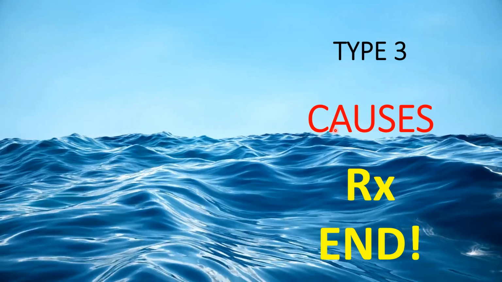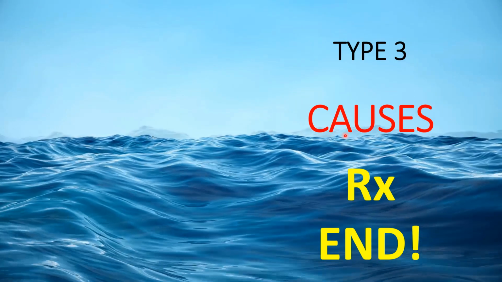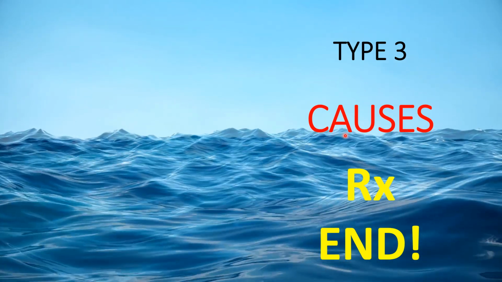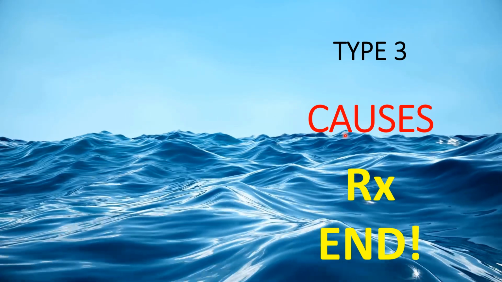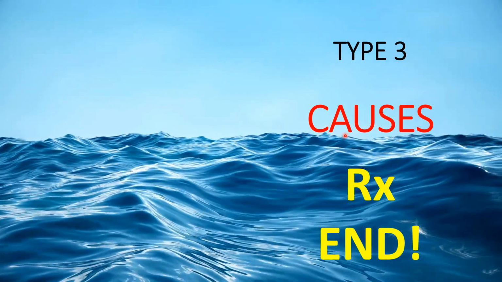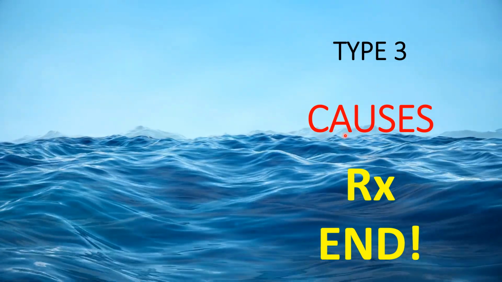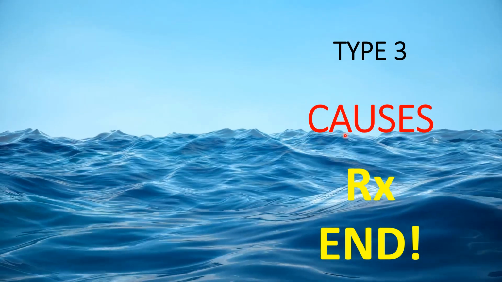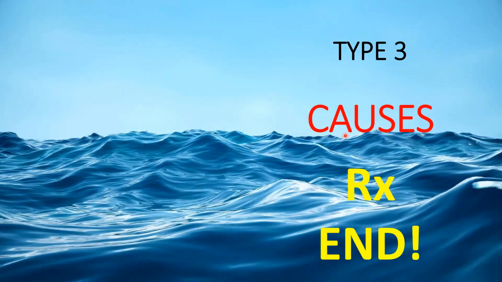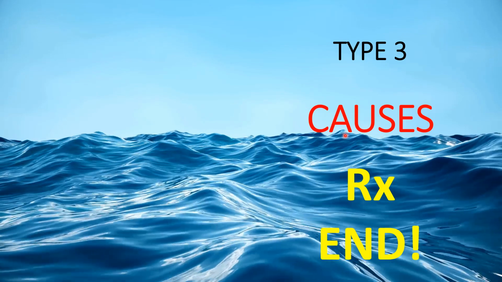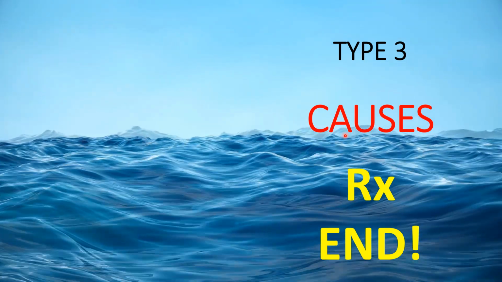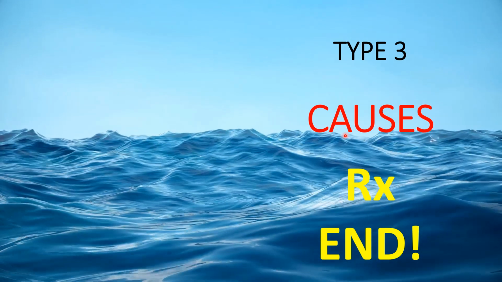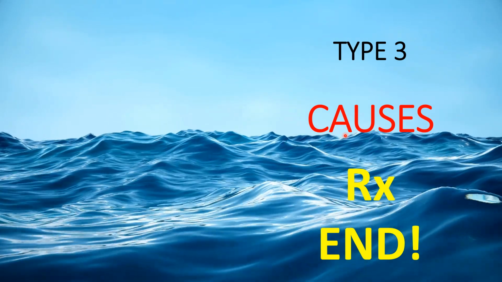Now, let's go through the possible causes of type 3 respiratory failure. By now, you are familiar with the fact that it is perioperative, and the individual in this trouble is likely someone who has just gotten out of surgery and is recovering right now.